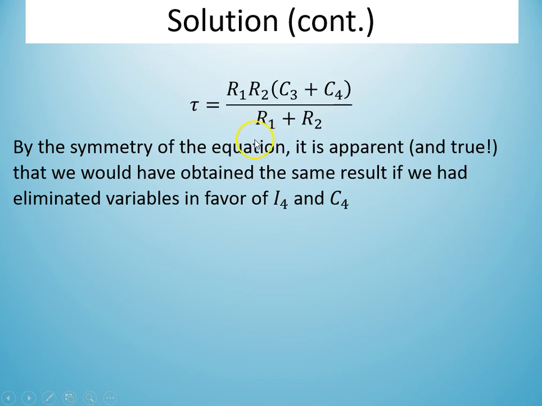Or don't. Either way, you get the same result. Exchanging capacitors 3 and 4, well, this whole thing is commutative right here. This is commutative, and this is commutative. So whether or not you exchange your resistors, or whether or not you exchange your capacitors, or you do both, you're going to get the same value for the time constant. You might get different values for the currents, but we weren't asked about the currents. We were asked about the time constant.